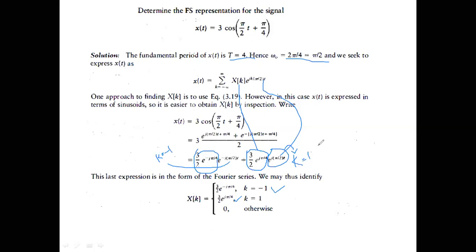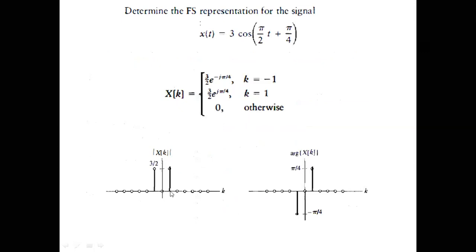So how does the signal look like? What does it contain? See here, cos pi by 2. So this contains one frequency. In terms of the fundamental frequency, there is only one frequency, the fundamental frequency at 1, whose amplitude is 3 by 2. But what is the phase?